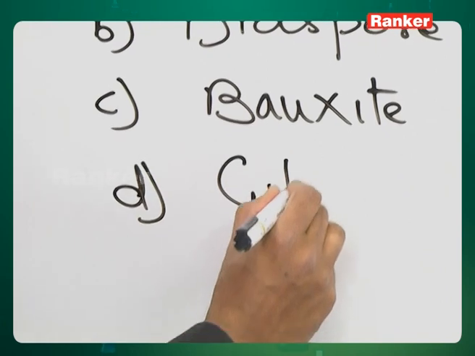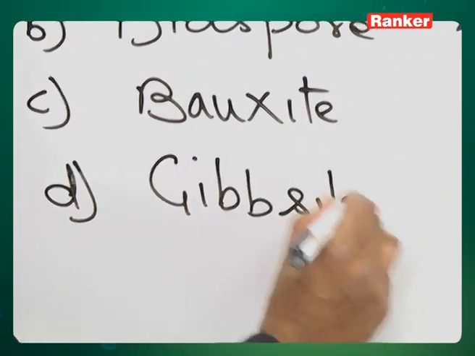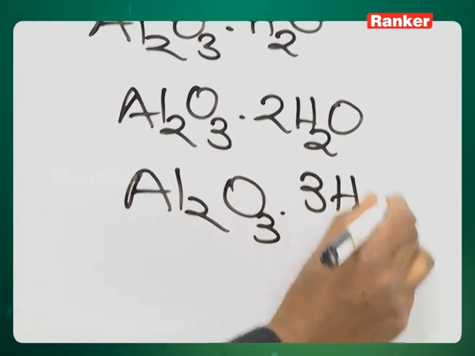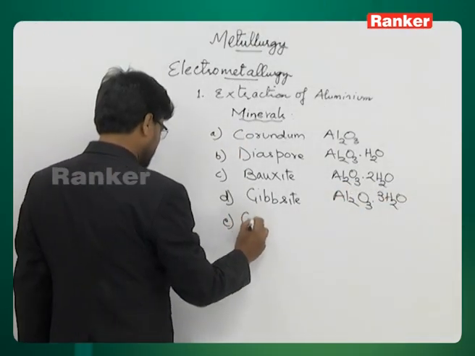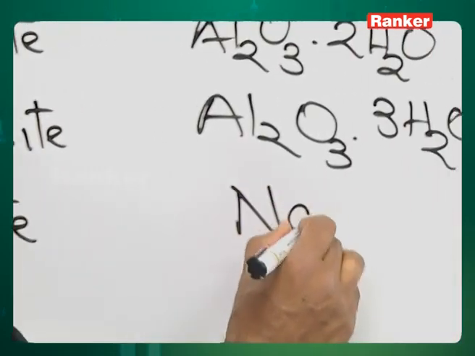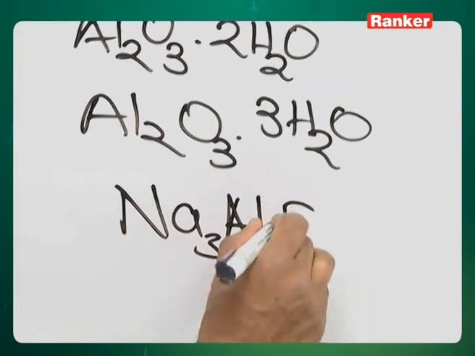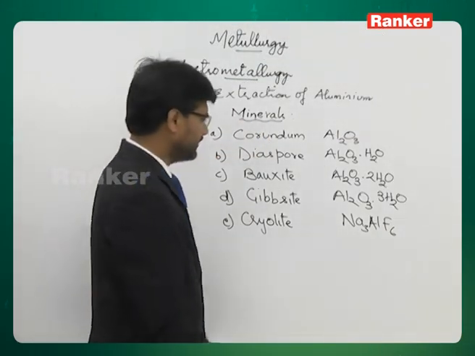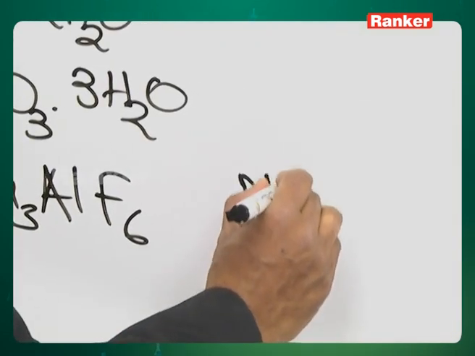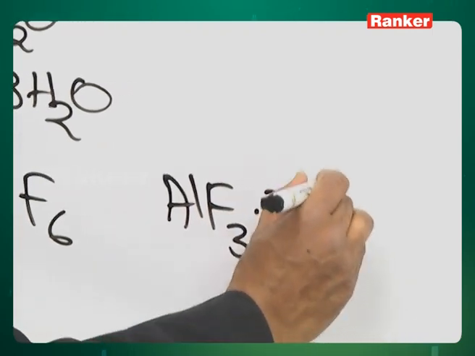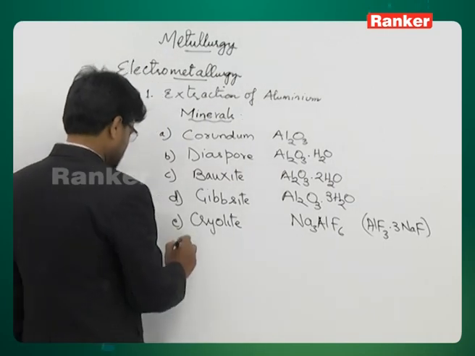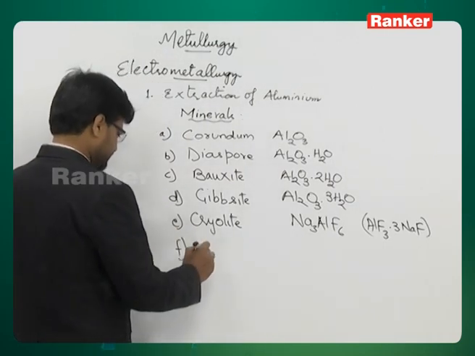Next, gypsite. This is Al2O3 dot 3H2O. Next, you have cryolite. Cryolite is Na3AlF6. This is a double salt, a double fluoride made up of AlF3 dot 3NaF. This is the composition of cryolite.